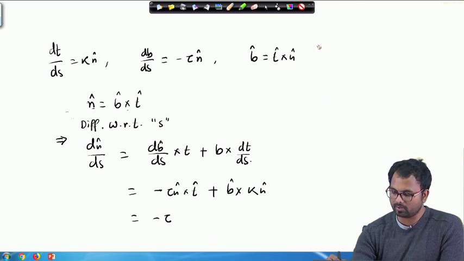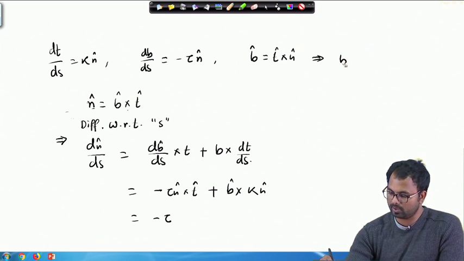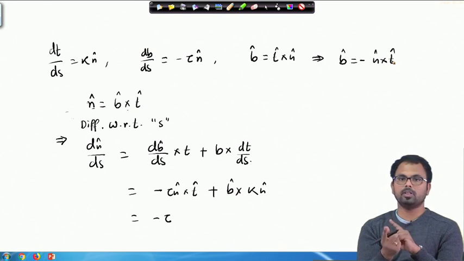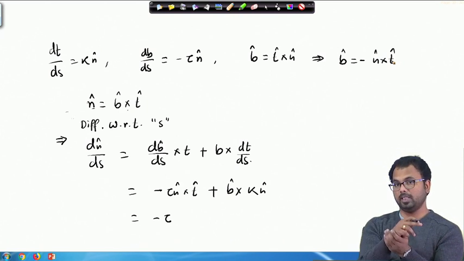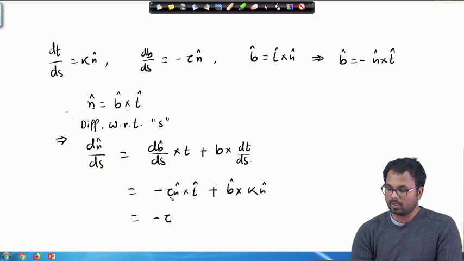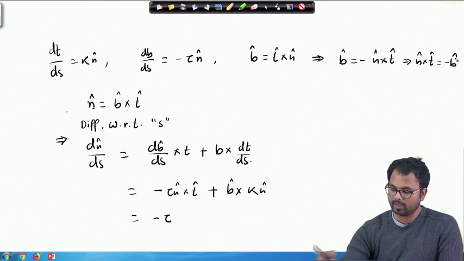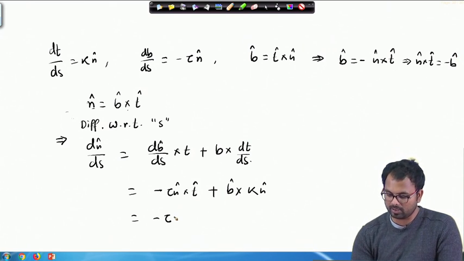If you change the order of the cross product, you have to put a minus sign. So N cross T is minus of B cap, and I can substitute N cross T as minus B cap.